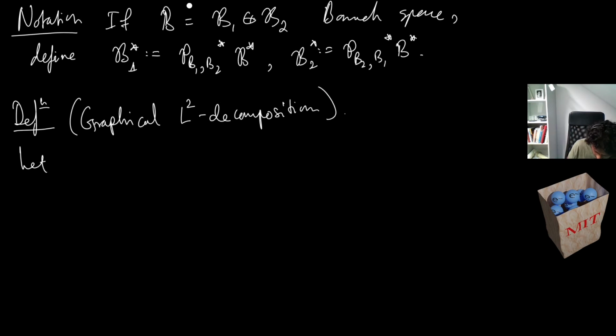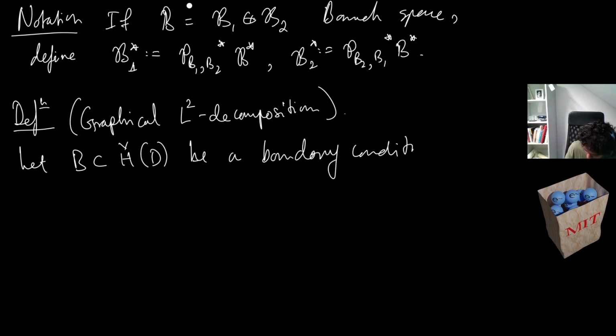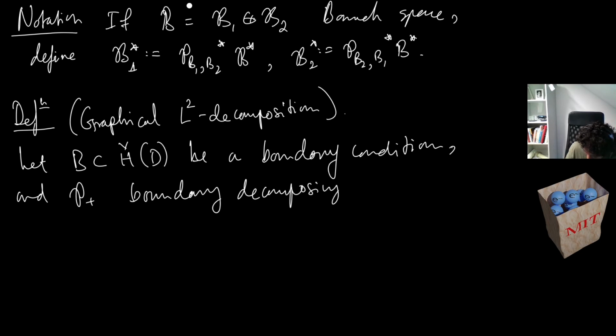Let B contained in this H check space of D be a boundary condition, and P plus boundary decomposing for D. Well, D is implicit.